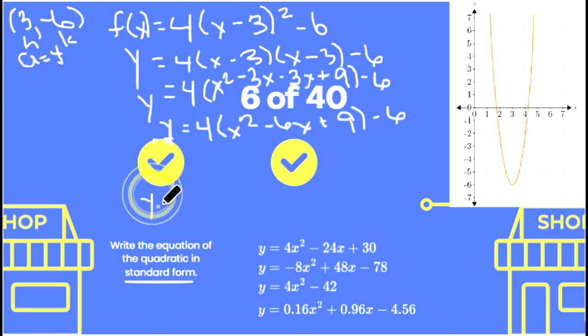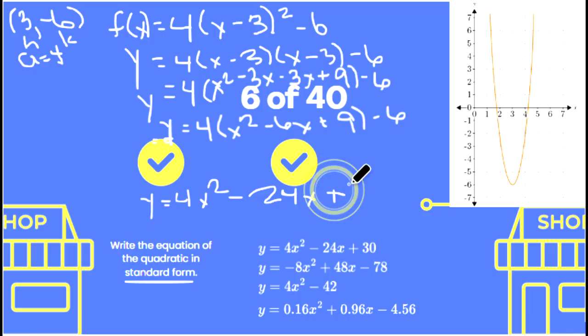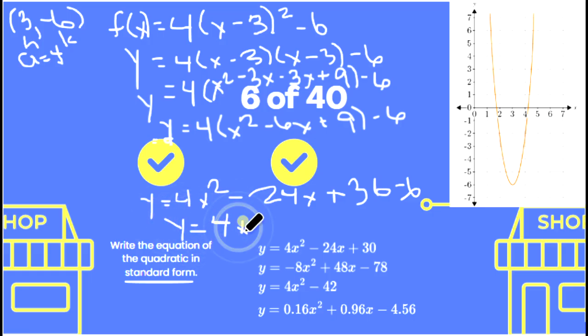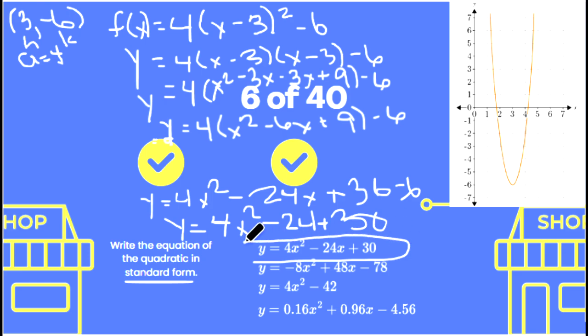So now we have y equals 4x squared minus 6 times 4, which is 24x, plus 4 times 9, which is 36, minus 6. Now we can combine these like terms, and that's going to leave us with y equals 4x squared minus 24x plus 30, which is right here. So there is your answer.